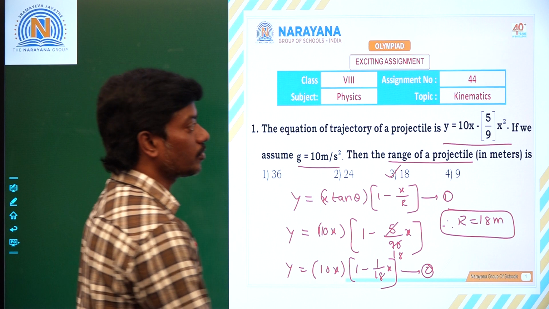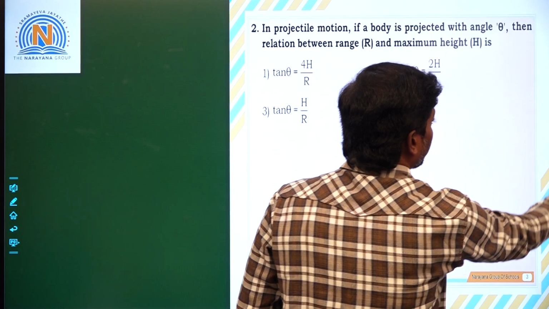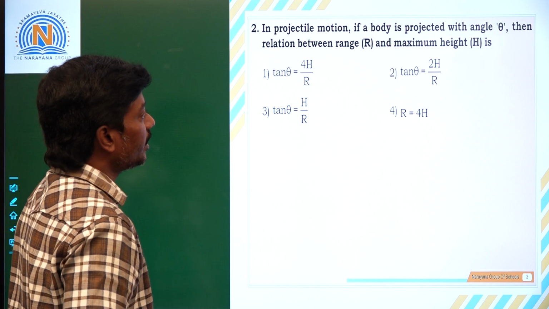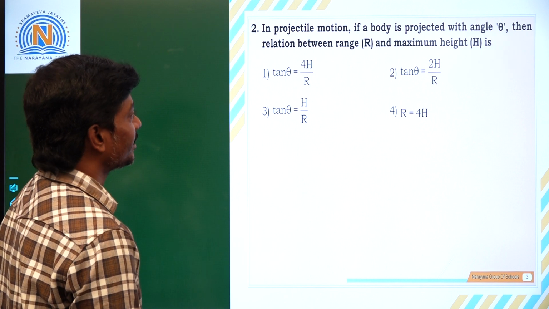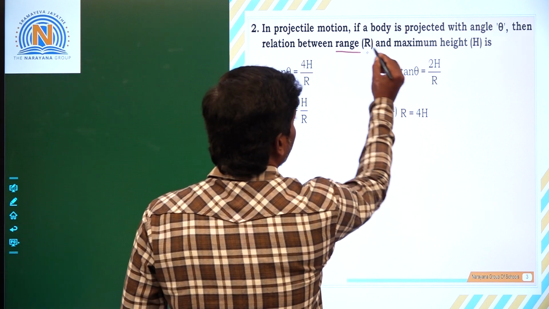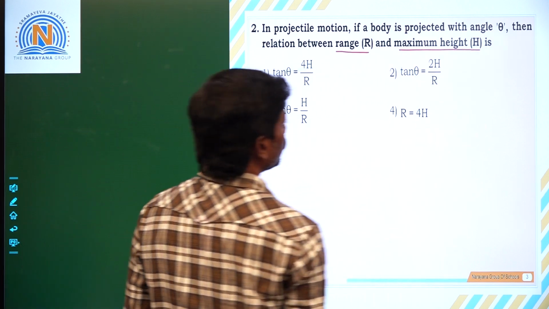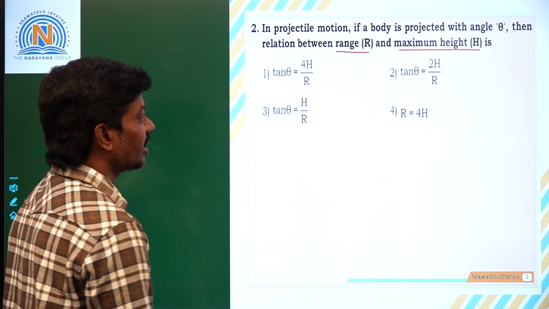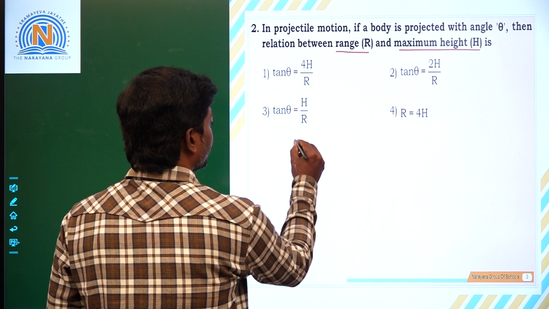So let's go to the second question. In projectile motion, if a body is projected with an angle θ, then the relation between range and maximum height. So we need to find the relation between the range and maximum height. First let us see the range formula.